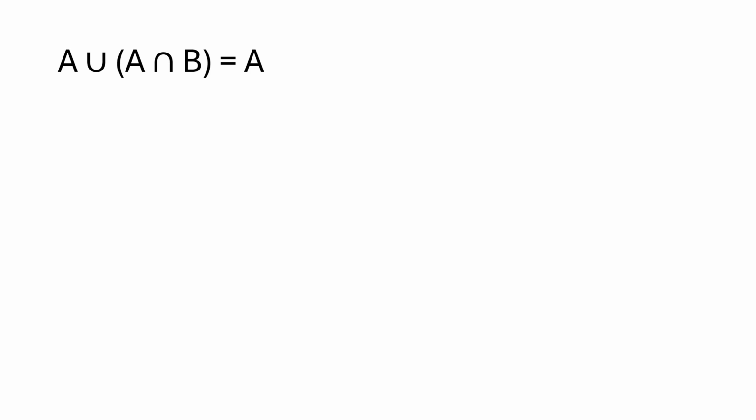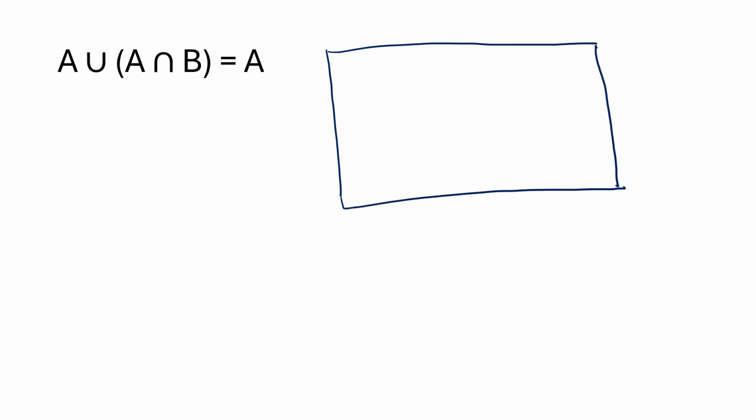Our first set identity is A union A intersection B is equal to A. I'm going to do this step by step. If this is my universal set, and this is A, and this is B, what I want is the union of A with A intersection B. So again, step by step.